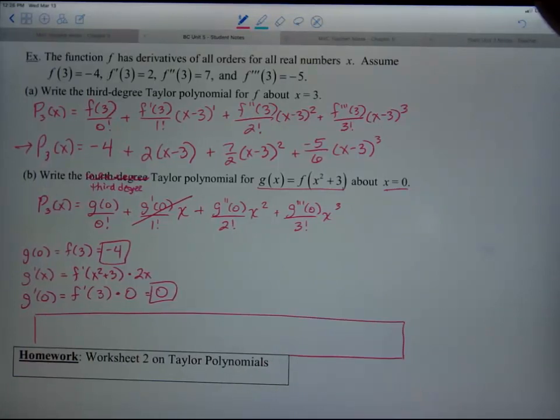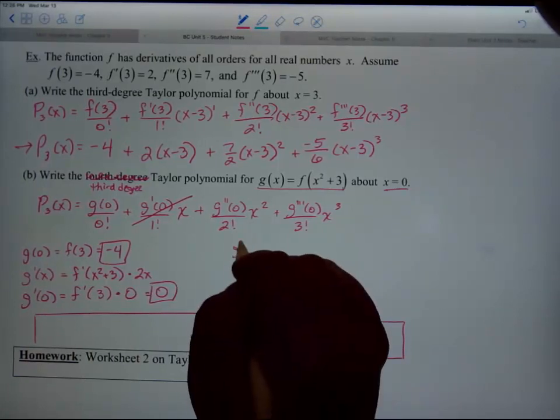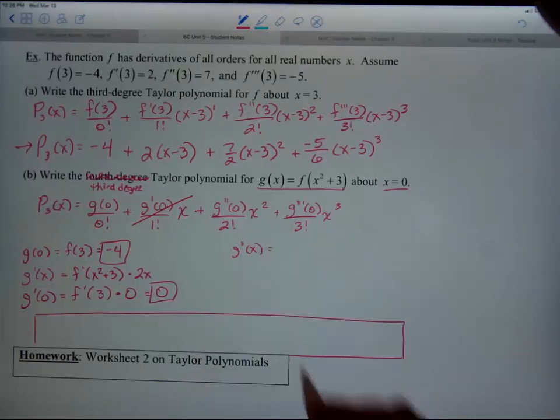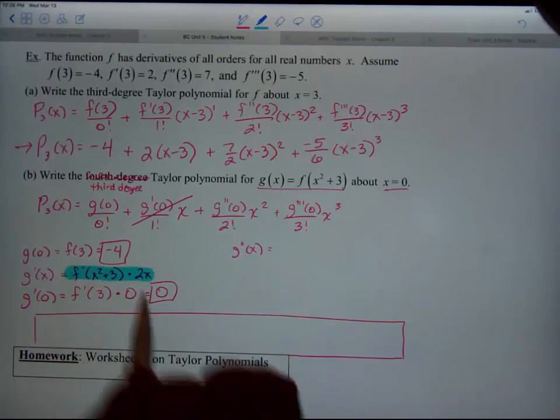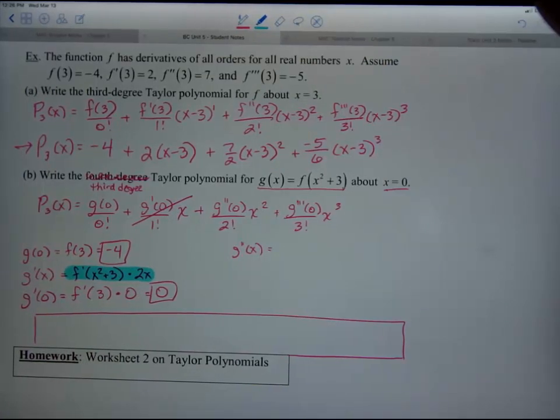So I'm going to come over here and do the g double prime. All right. I need to take the derivative of that. See what I highlighted? I'm going to need chain rule for that f prime part, but what else am I going to need? The product rule, exactly. So let's carefully do the product rule to this one.